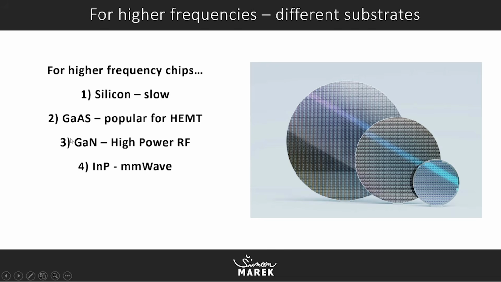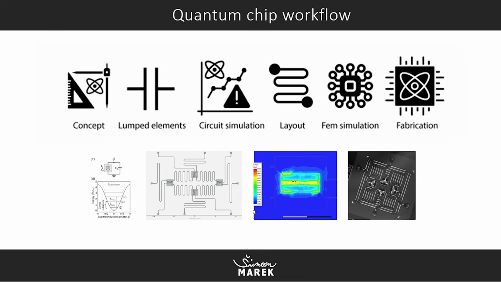There is gallium nitride, which is for high power RF circuits, and there is indium phosphide, I think, which is for microwave circuits, which are very, very fast. Those are probably 100 gigahertz plus. So this is our different substrates breakdown.